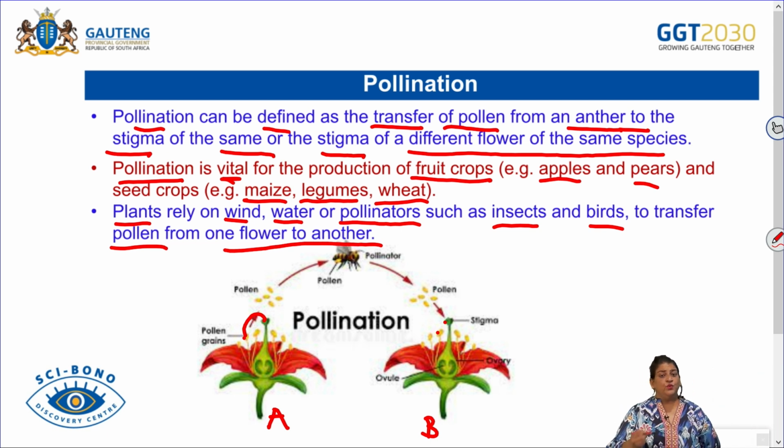Yes, sometimes we also need water. So as the raindrops fall onto the anther, the pollen can also be transferred and swim to another flower. So wind, water, insects, and birds are our pollinating agents. And pollination, we know, is very important.